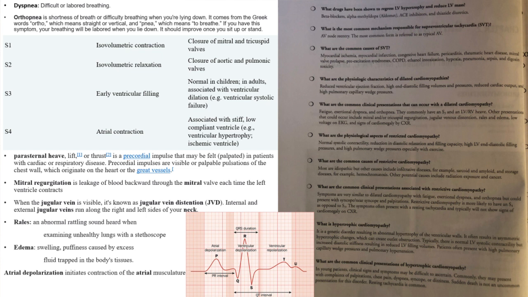Atrial depolarization initiates contraction, right? The ventricles depolarize at the QRS complex. And I also learned that atrial repolarization occurs during this time too, in the QRS section. And then the ventricles repolarize at the T. Okay.